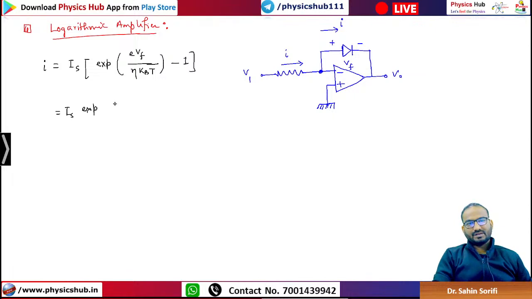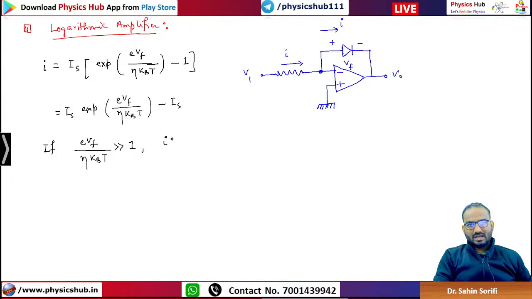Is exponential e Vf by eta kt minus Is. Now if we consider that e times Vf by eta kt is much greater than 1, then I is much greater than Is.